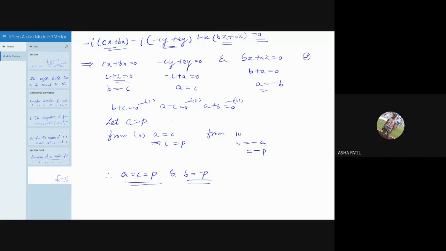This is your solution in terms of some unknown quantity p we have taken. If you put 1 as the value, then a equal to c equal to 1 and b is minus 1. But better keep it in terms of a constant. Write it there, where p is an arbitrary constant.